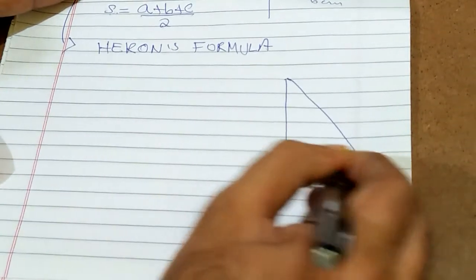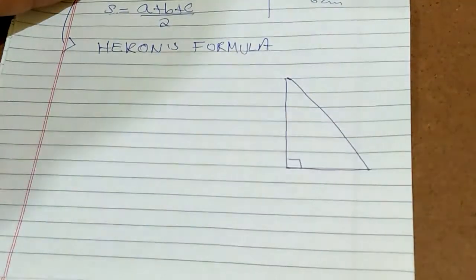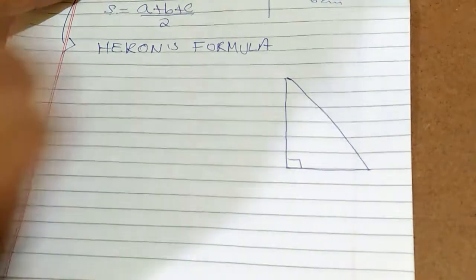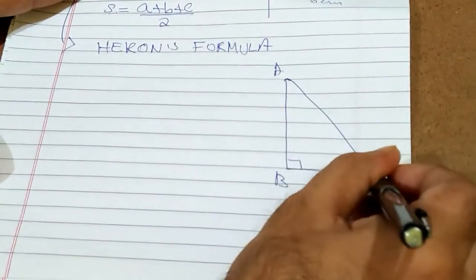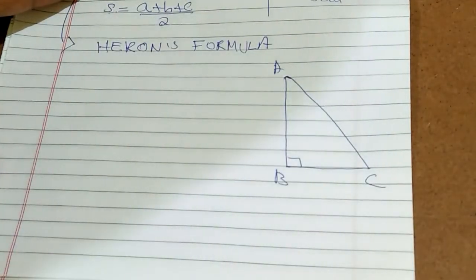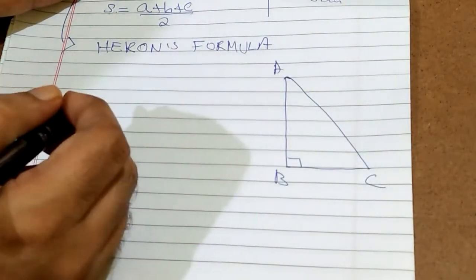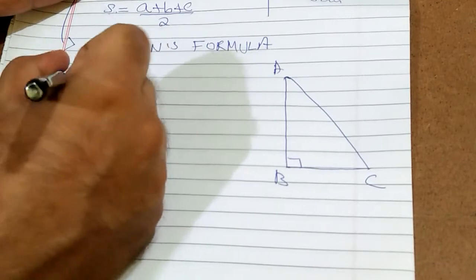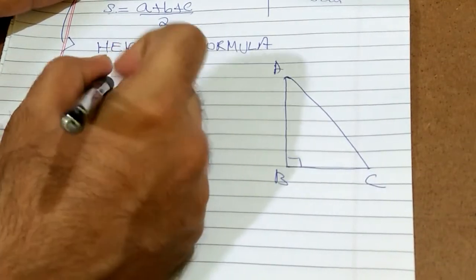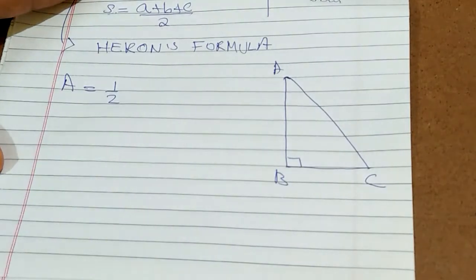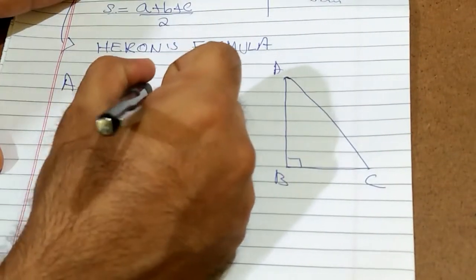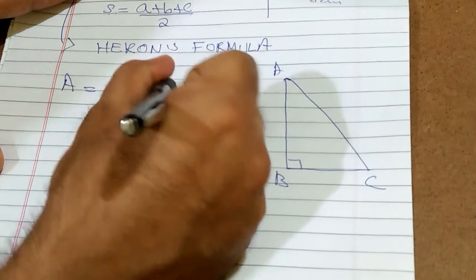You know it very well, where one of the angles is a 90 degree, like this. Okay, so let's form the triangle A, B and C. In this case, area is half, what we commonly say is half into base into height.